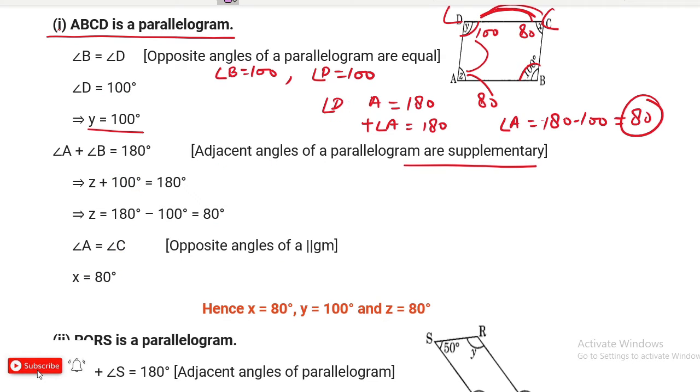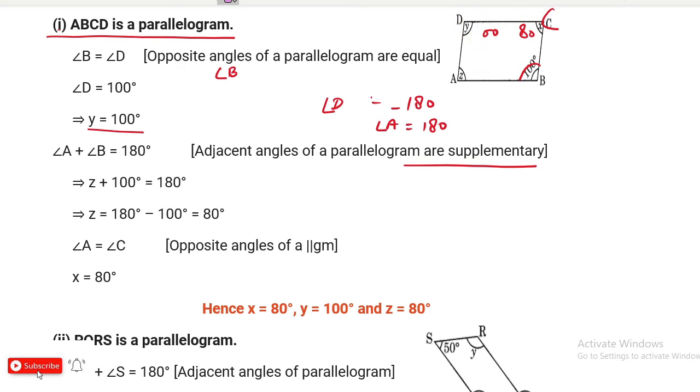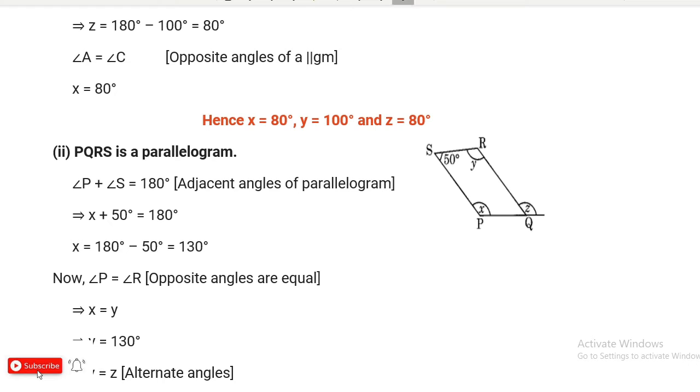Next is a figure, and in this figure we have to find the values of X, Y and Z. Here X is angle P, Y is angle R, and Z is angle Q. Now angle P plus angle S is 180.